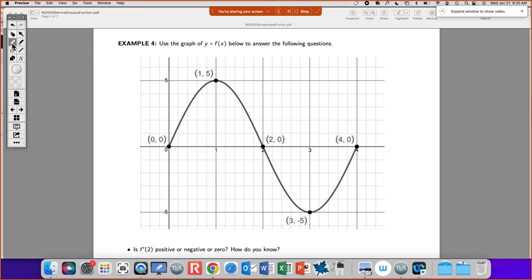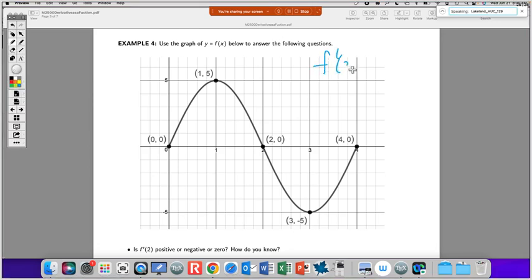Now it asks us about f prime of 3. Is f prime of 3 positive, negative, or 0, and how do you know? So once again, f prime of 3, I'm looking for the what? Slope. So I go over to 3, go down to the curve. Negative 5 would be f of 3, but I'm looking at f prime of 3.